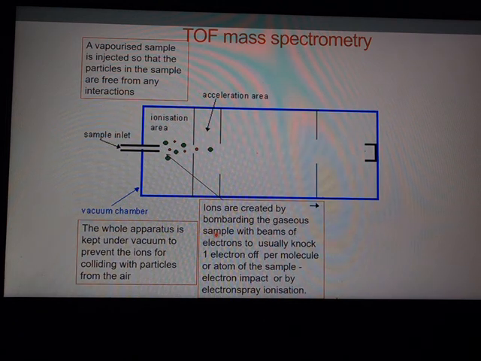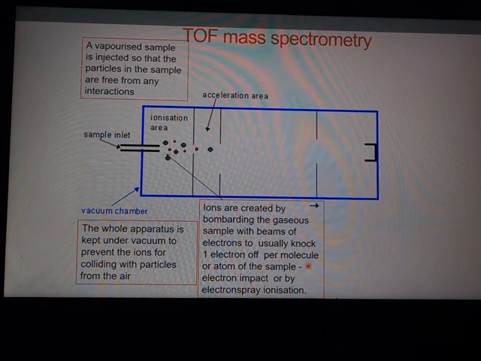Okay, so there are 2 ways to ionize our sample. One is called electron impact, and the other is called electrospray ionization.